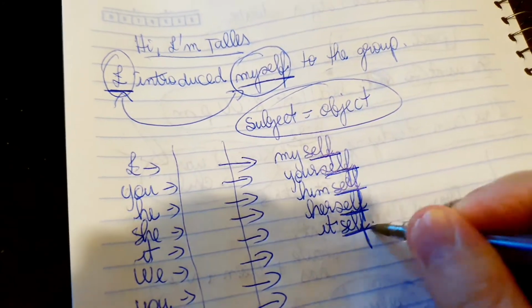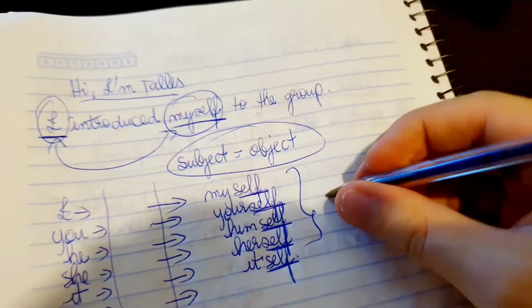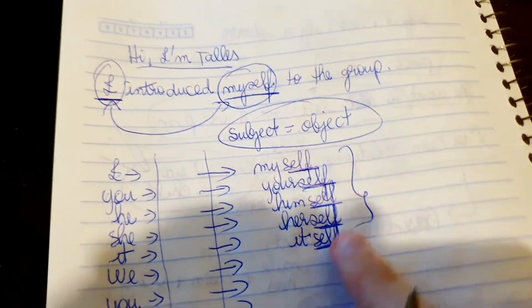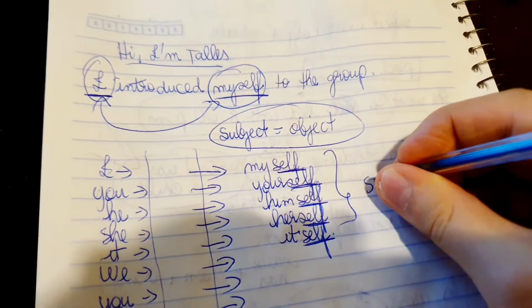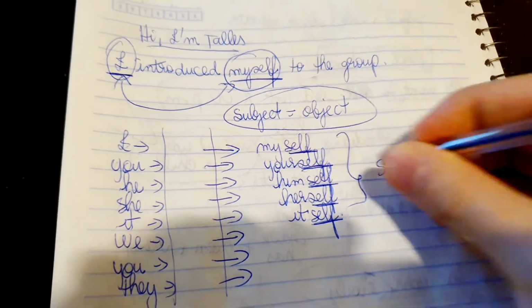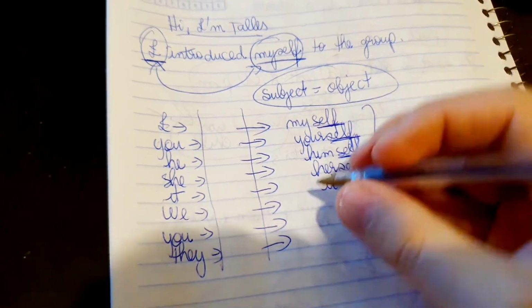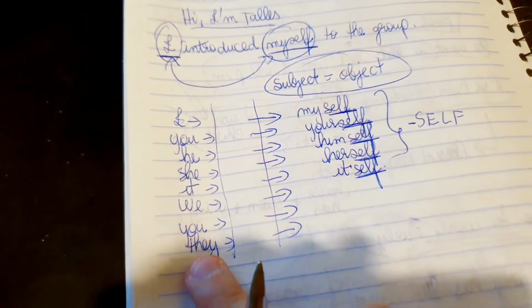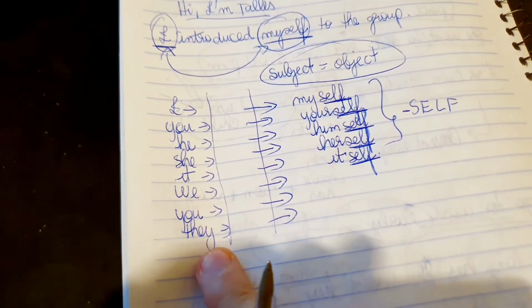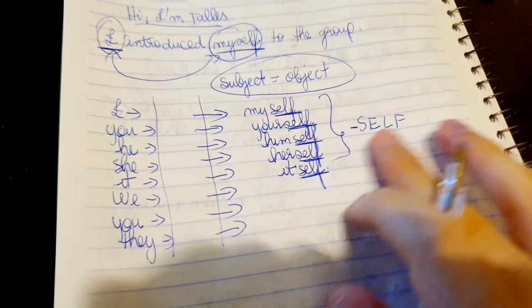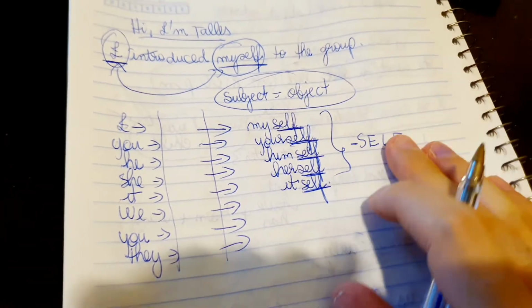So you ask me, Thales, the reflexive pronouns, they always end with self? Yeah, you could say that, but singular pronouns end with self. They have this suffix, let's say it this way. But when we have the plural pronouns, we, you, and they, the suffix is different. We have to change it into plural.